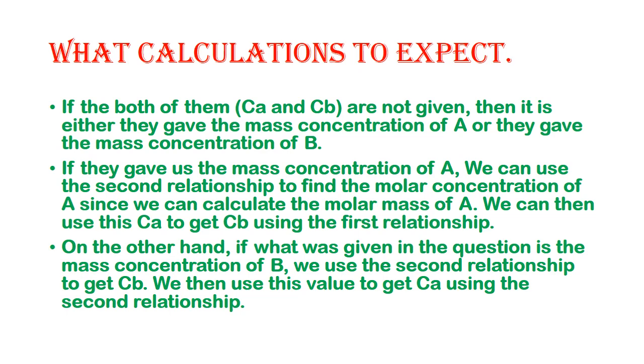Then you use that Ca you just got, put it in CaVa over CbVb equals Na over Nb, to get your Cb, the concentration of B in mole per dm³.